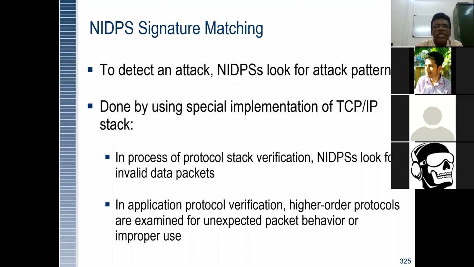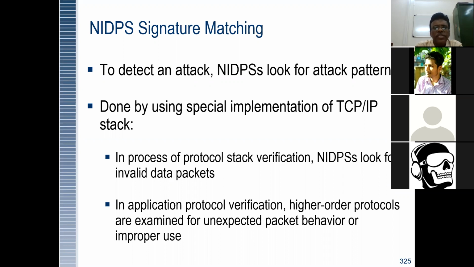Similarly, it looks for invalid data packets also. We can easily measure if the data are not meant for, not usable for, or not adapted to the specific application, then you can say invalid data packets.